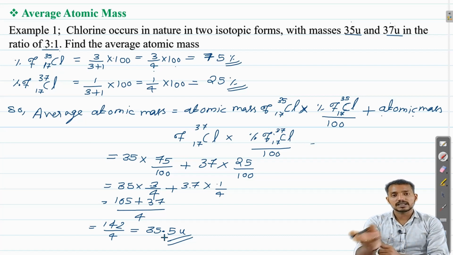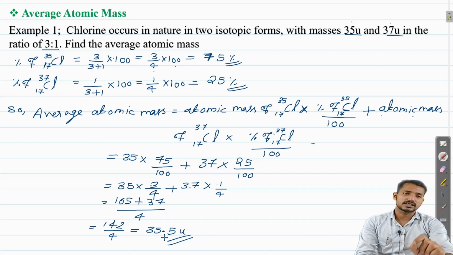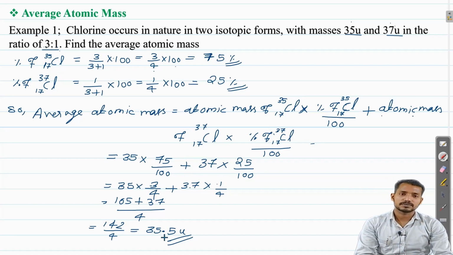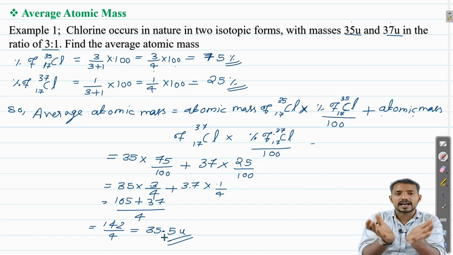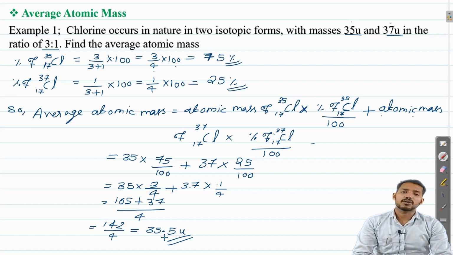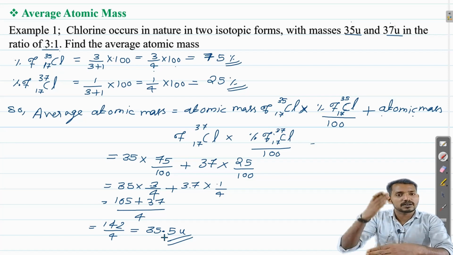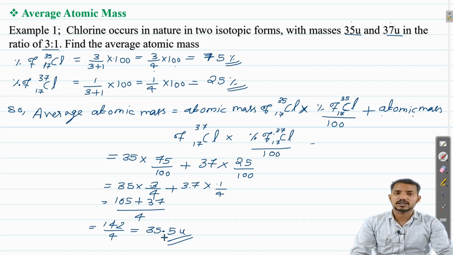That's why we have already learned that the atomic mass of chlorine is 35.5. There is no single atom of chlorine that has 35.5. All the atoms exist as either 35 or 37. But while we take the average, we get 35.5. Clear? Because we know that atomic mass means the mass number, which means the number of protons and neutrons. There is no fraction of a proton or a fraction of a neutron present in a nucleus.